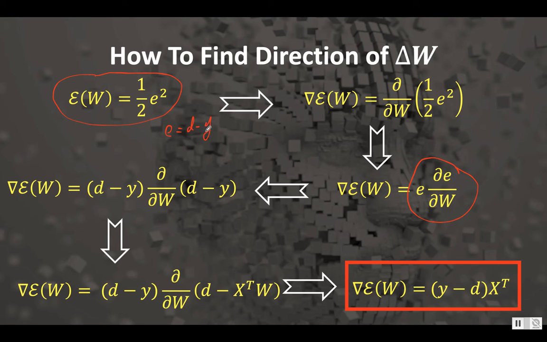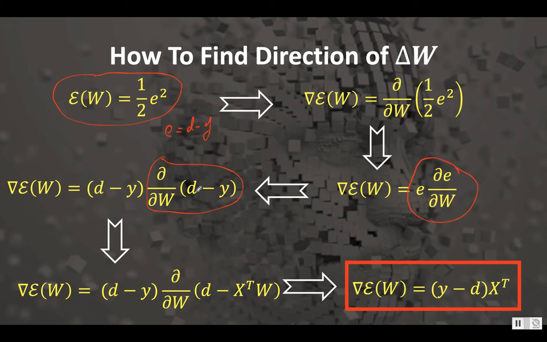Since we know e equals d minus y, we plug this in here. We get e as d minus y, so this equation becomes this equation. And then we need to take the derivative of this with respect to w.